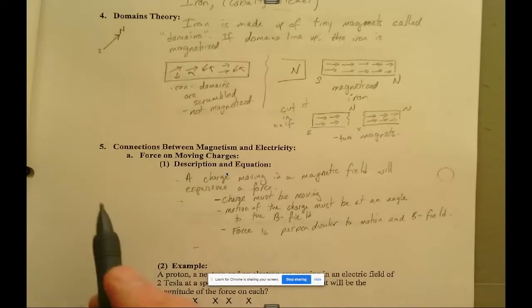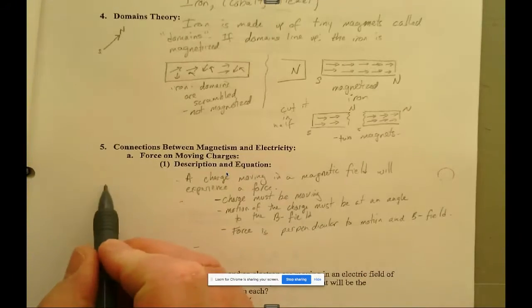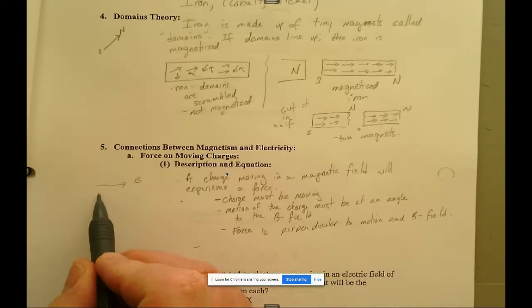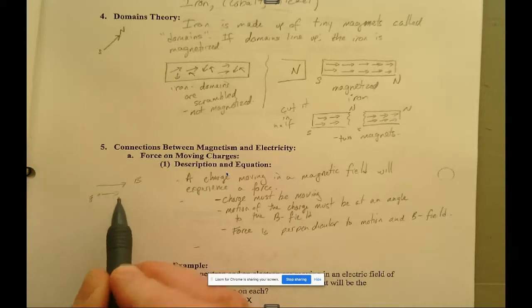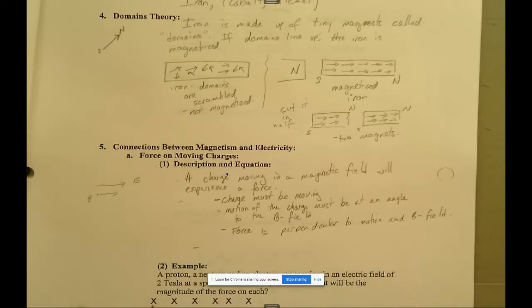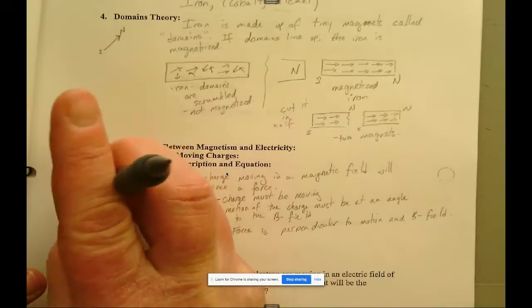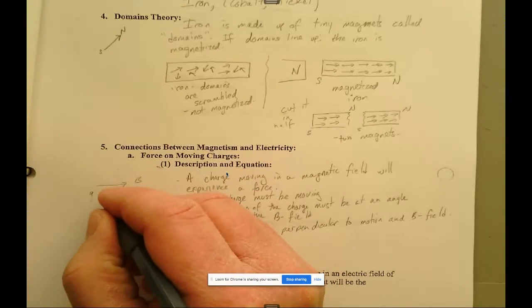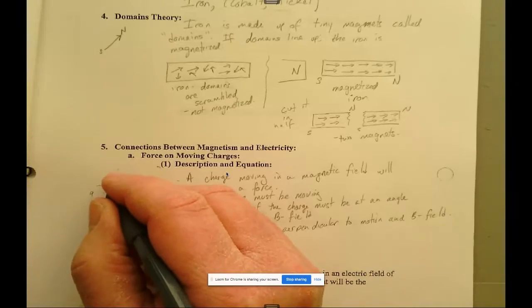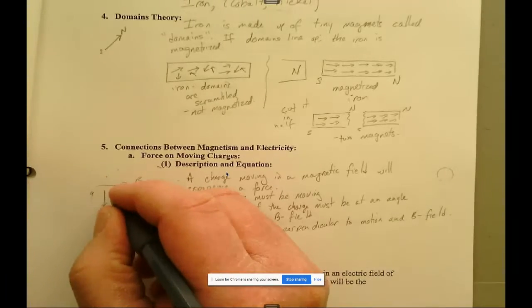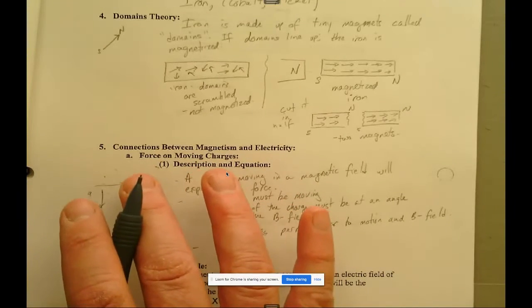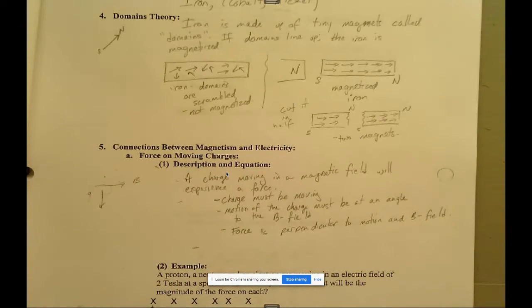You don't have to draw this, but I just wanted to show it one time. If the magnetic field is this way and the charge is moving this way, there would be no force. But if the charge was moving this way, now there's going to be a force, and it's going to be maximum because it's a 90-degree angle. That's the biggest it can get.